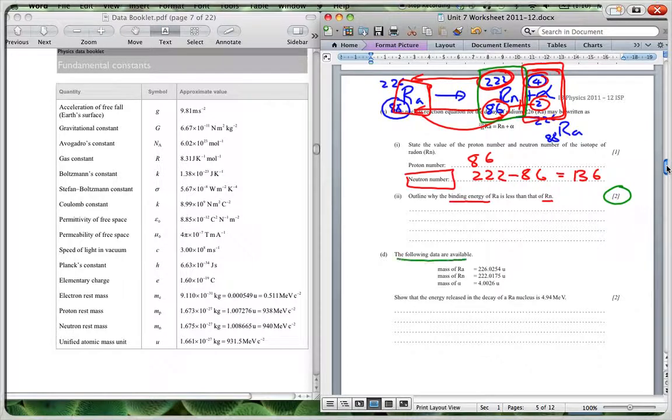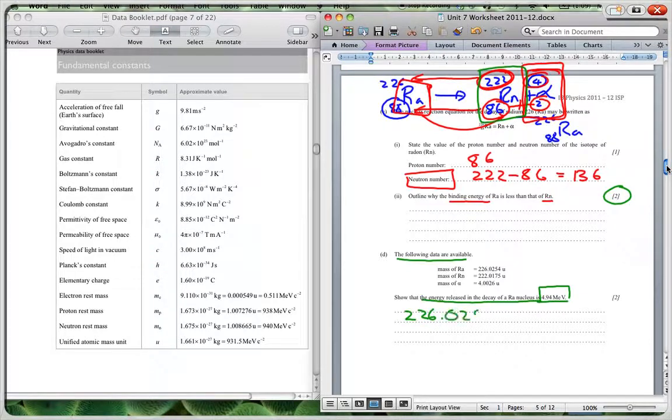Then it says the following data are available. You have the mass of the Ra is 226.0254, and you've got the mass of the Rn, and the mass of the alpha particle. Now show that the energy release in the decay of the nucleus is this. What we've got to do is just simple subtraction.